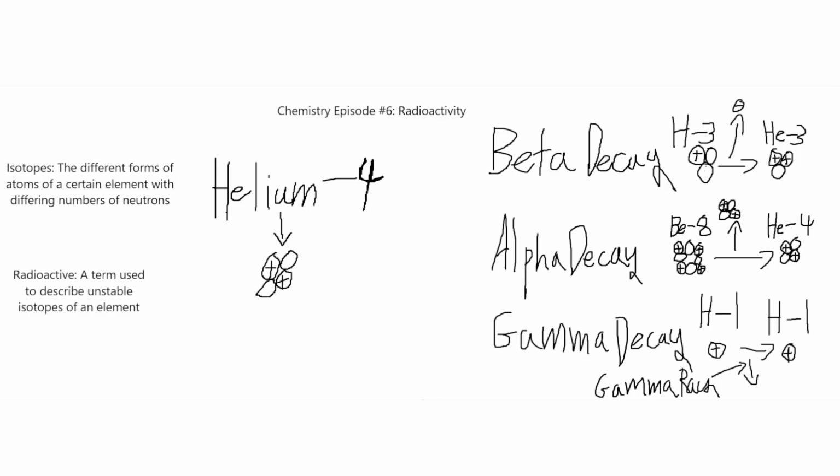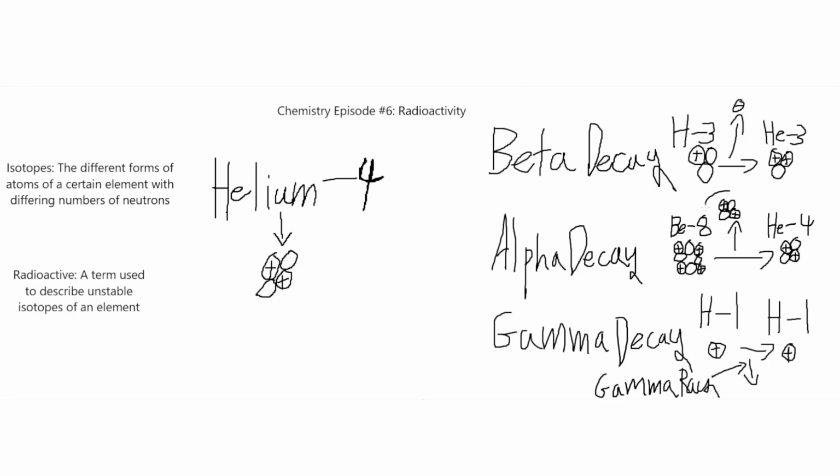Next, there was alpha decay. Here we have the beryllium 8 isotope and the helium 4 isotope. Alpha decay is when a helium 4 particle is released. This is called an alpha particle. An alpha particle, or a helium 4 isotope, is released for the atom to become more stable.